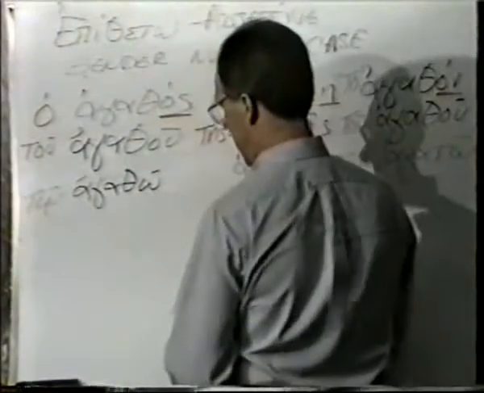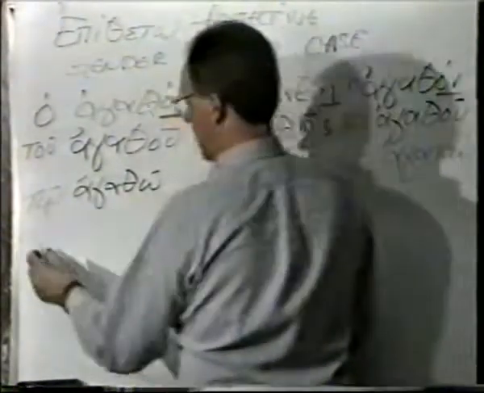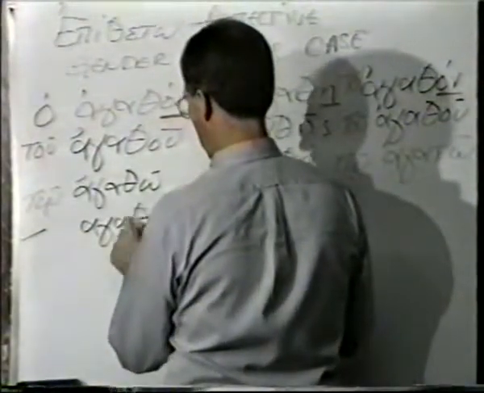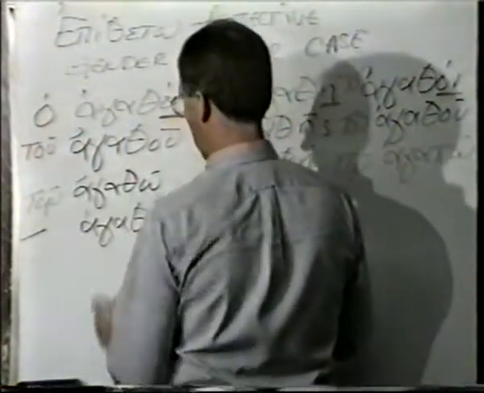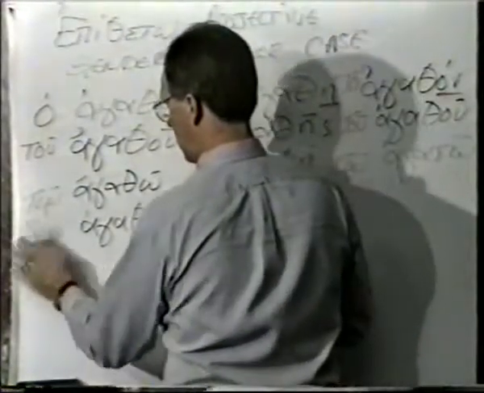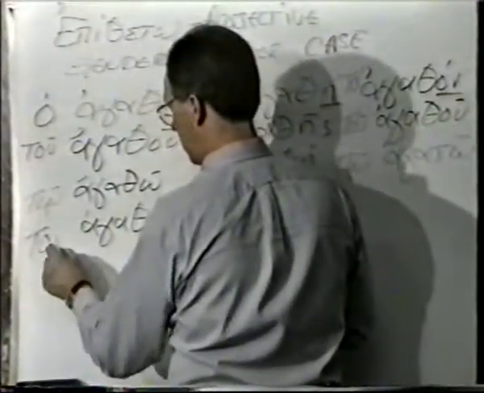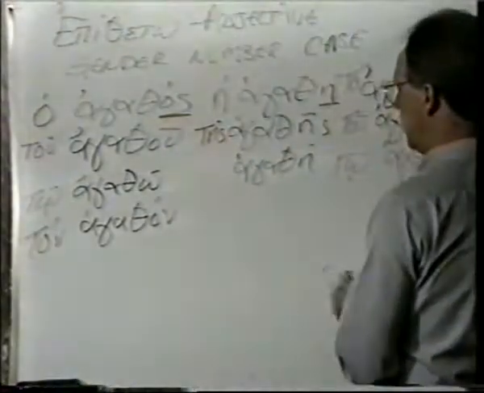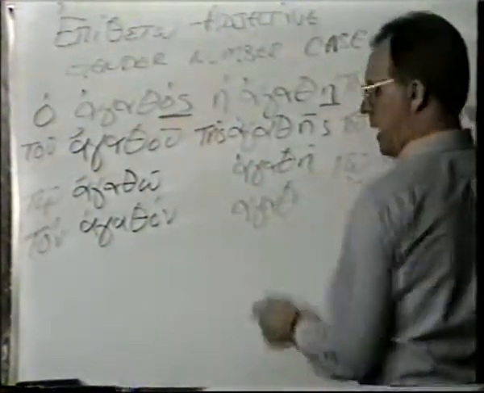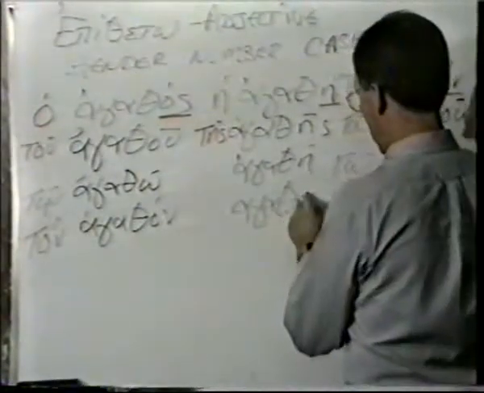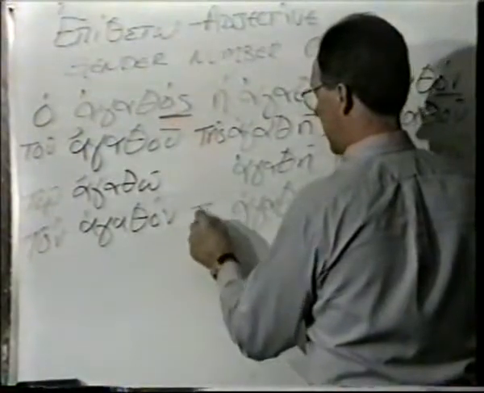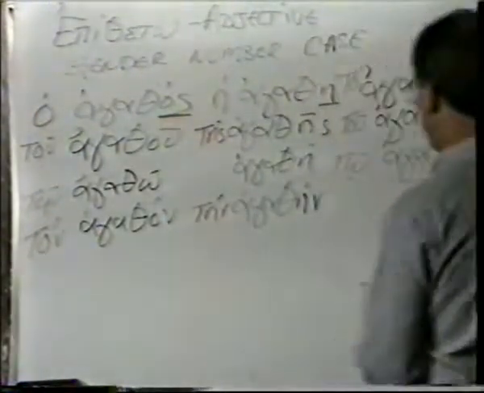And we move on now to our next one, which is going to be the accusative, agathon. And this is the ton. Ton agathon. We come to the accusative in the feminine, and this is in, agathin. The article is going to look like this, tin agathin.